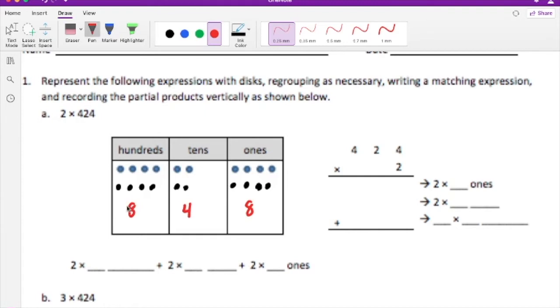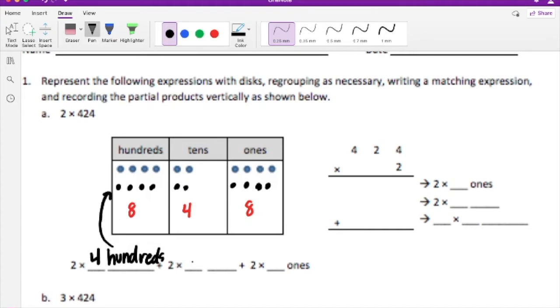Now let's write a matching expression. So we did 2 times what, right? 2 times 4 hundreds. That was this first one here, right? We did 4 hundreds 2 times.